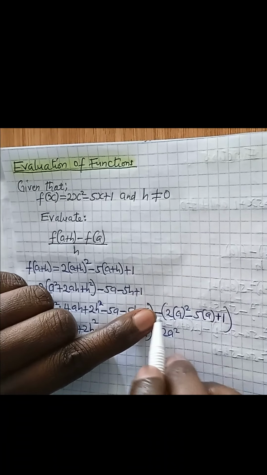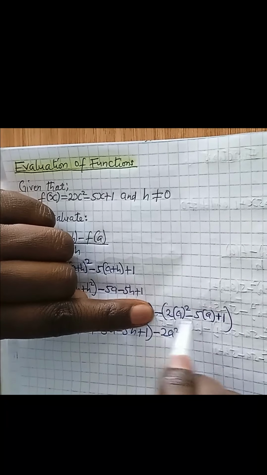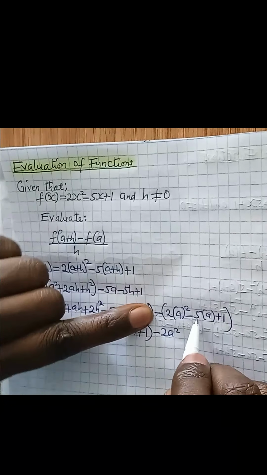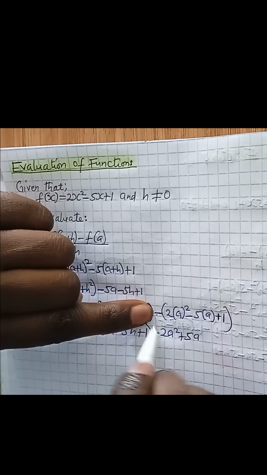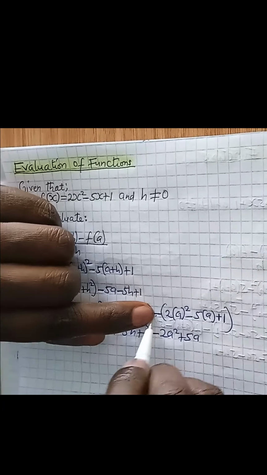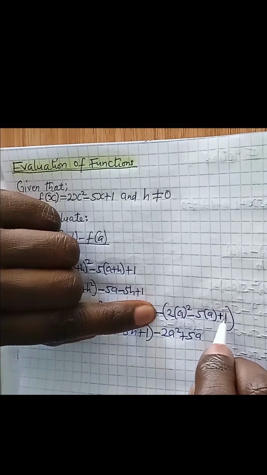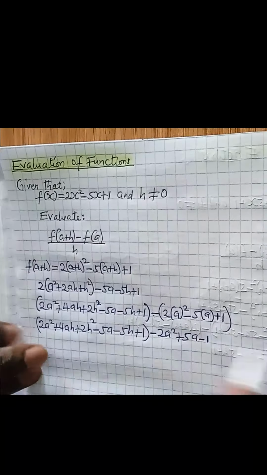Then we are still subtracting this one, it's going to be minus times 5, it will be plus 5a, because 5 times a will be 5a, minus times minus will be plus, then minus times plus it will be minus 1. Yeah, and remember now all of these evaluating things here we are dividing by h.